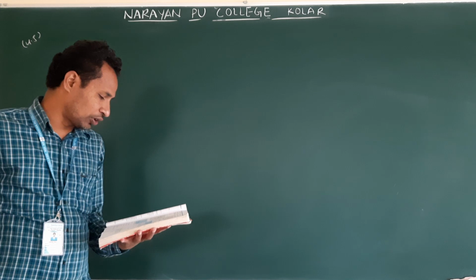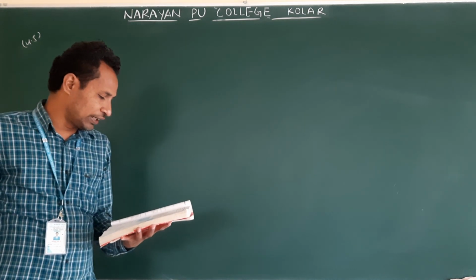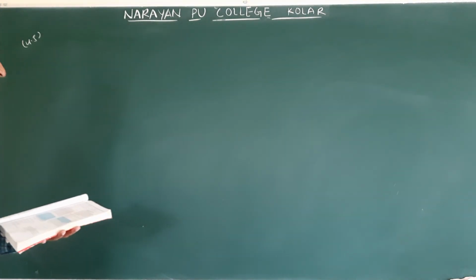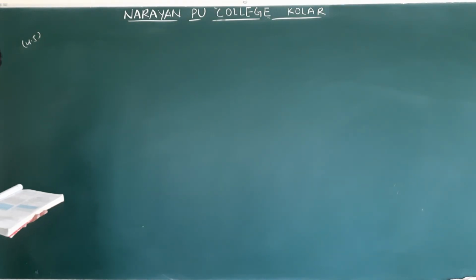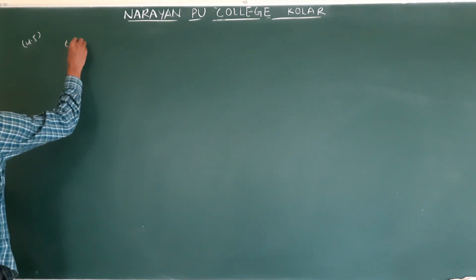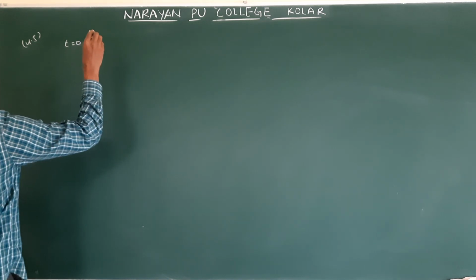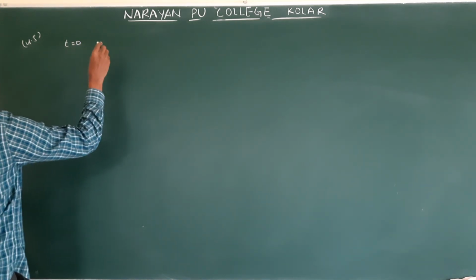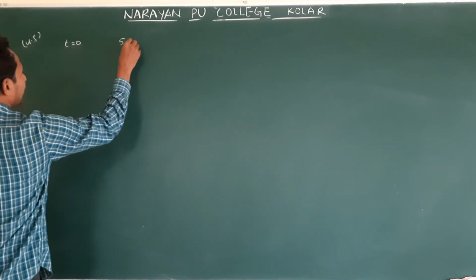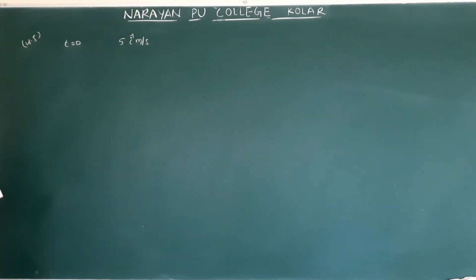A particle starts from origin at t equal to 0 with a velocity 5 i cap meter per second. They mention at t equal to 0, the moment it starts, they have given 5 i cap meter per second.